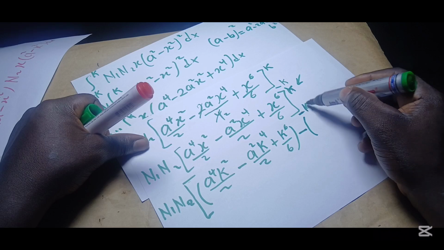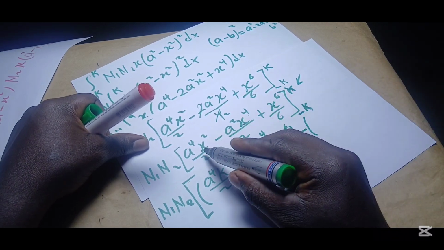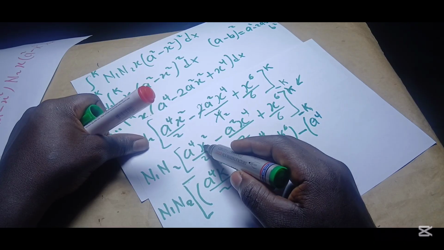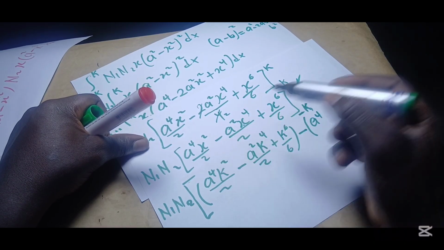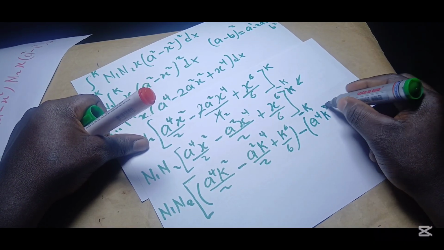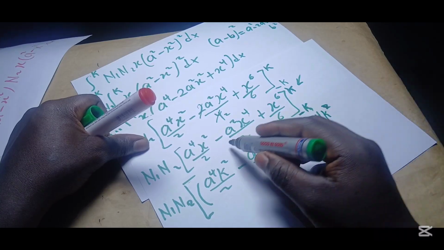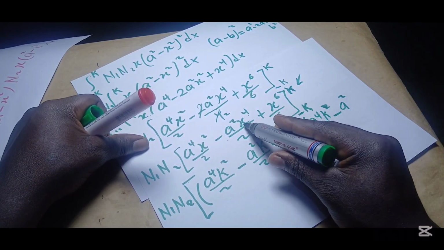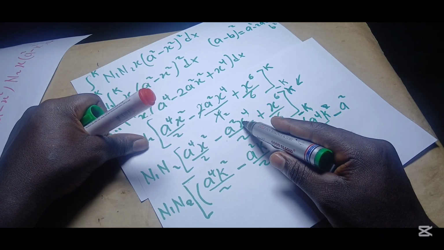We now put in our lower limit, which is minus k. Wherever we see x, we put in minus k there. So a to the power 4 here, and then minus k to the power 2 gives us positive k to the power 2, all on 2. Then here minus a to the power 2, then minus k to the power 4.